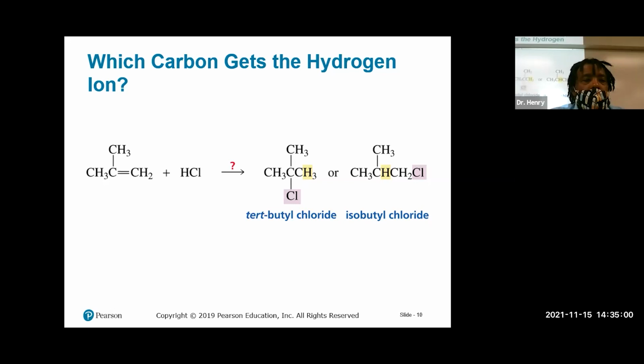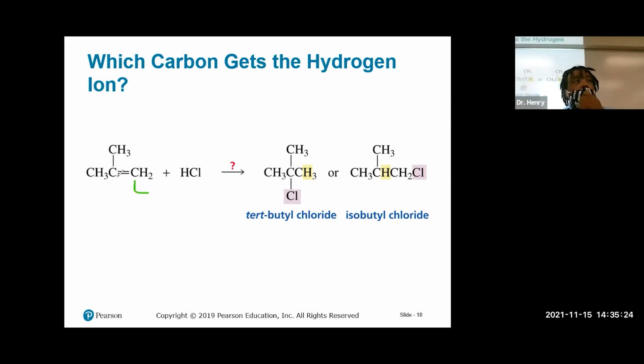So which carbon gets the hydrogen ion? In this case, technically it has the ability to go here, so this guy will become a plus, or it has the ability to go here, so this guy becomes a plus, right?